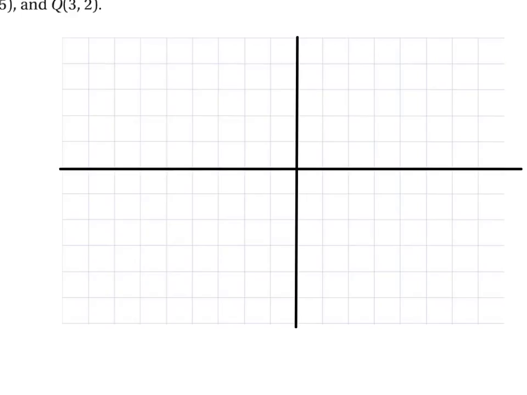We've got the ordered pair 0, 1, which is right here. We've got the ordered pair -1 and up 4, which is right here.